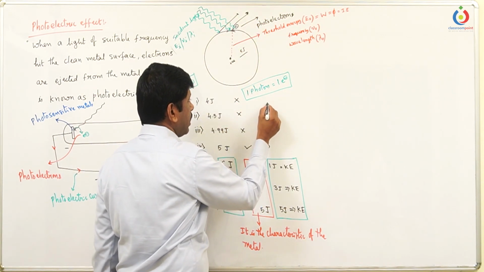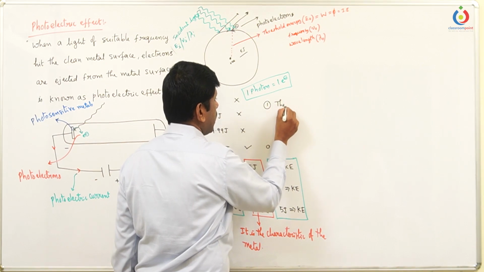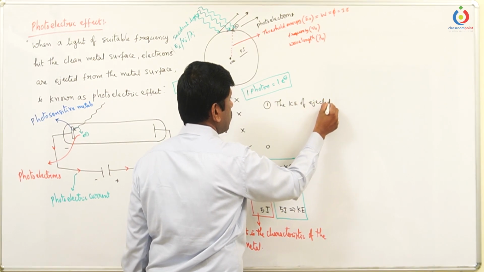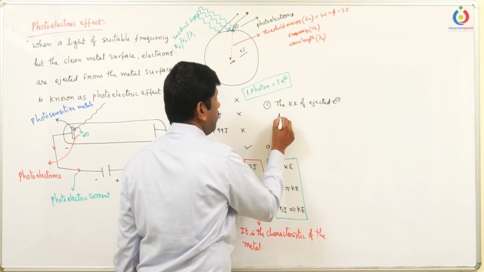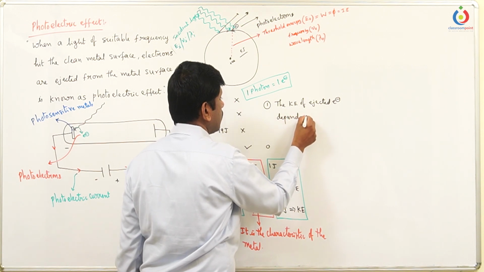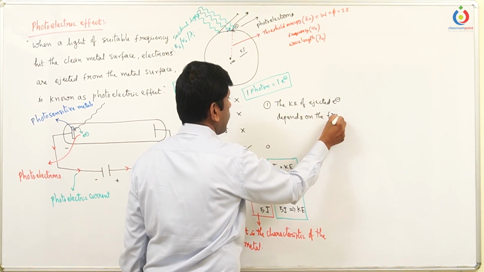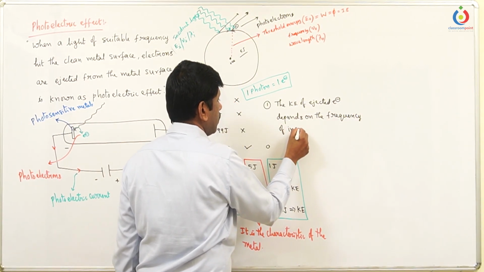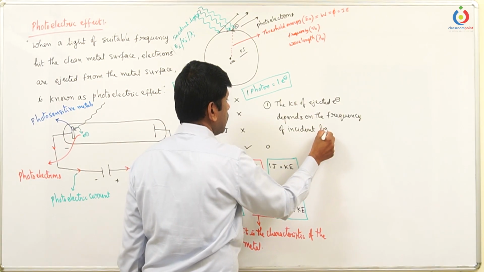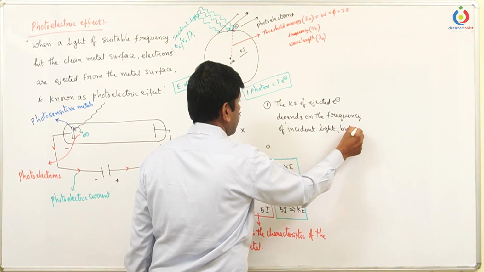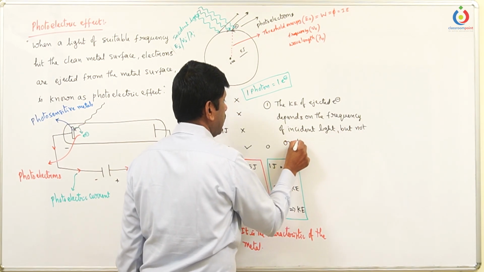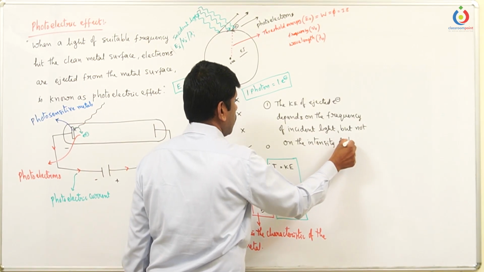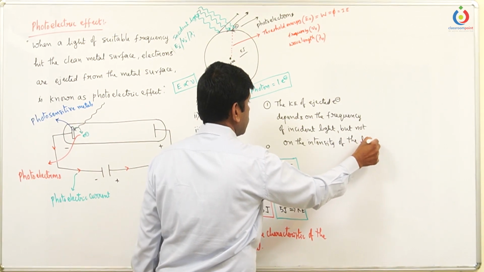So here we can write down that the kinetic energy of the ejected electron depends on the frequency of the incident light, but not on the intensity of the incident light.